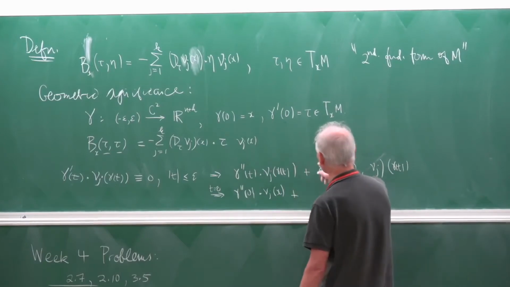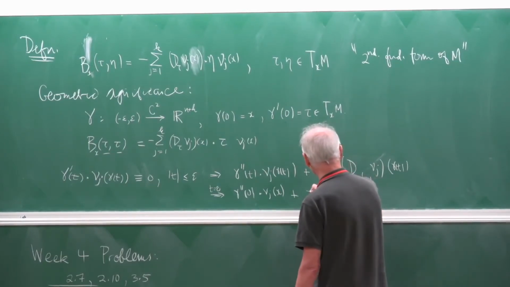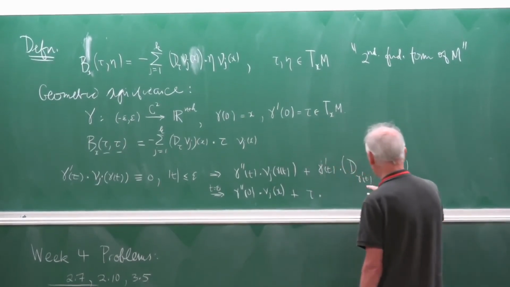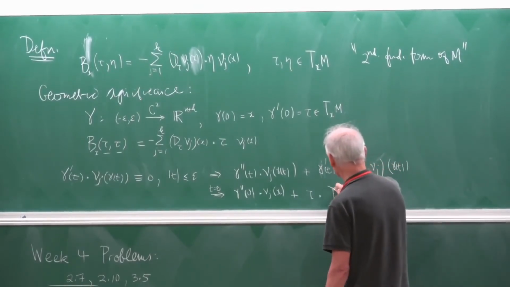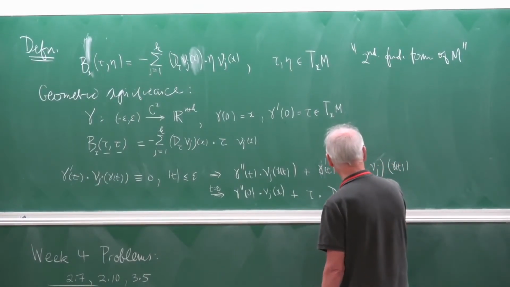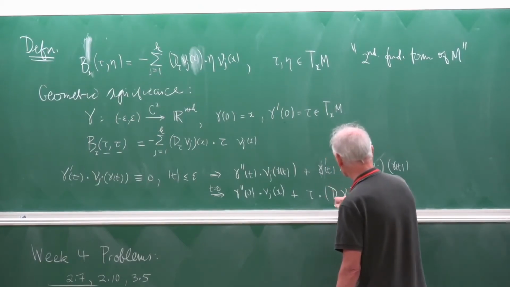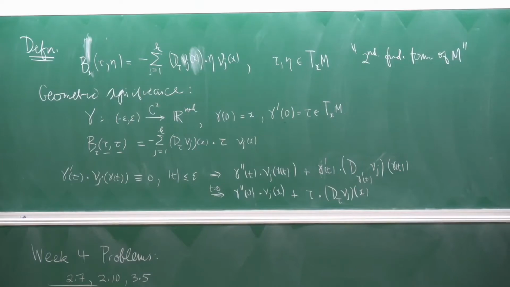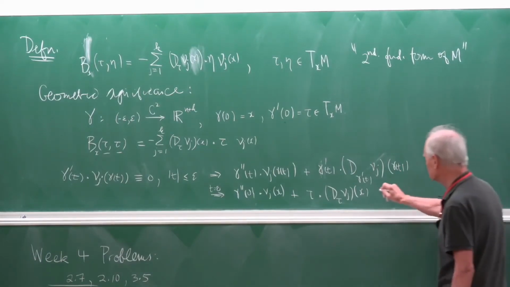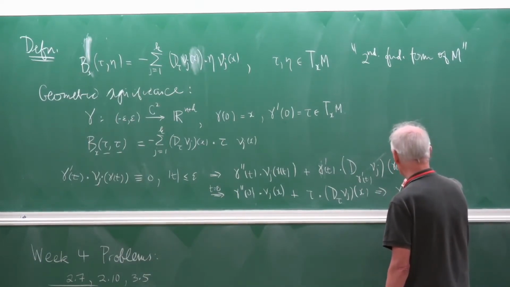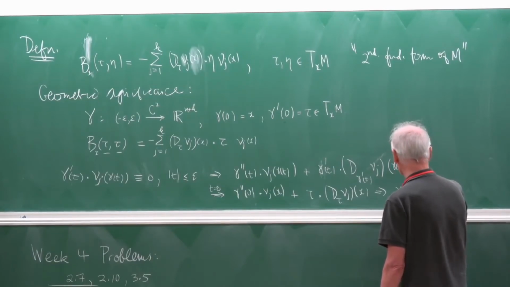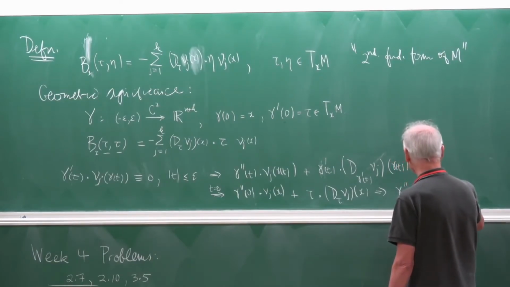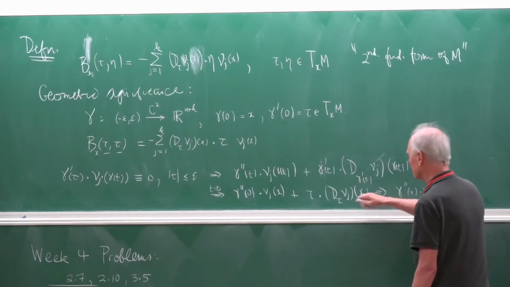Plus, and gamma prime is equal to tau, so plus tau dotted with D_tau nu_j at x. Like that. And so in other words, gamma double prime 0 dotted with nu_j at x is equal to minus this.